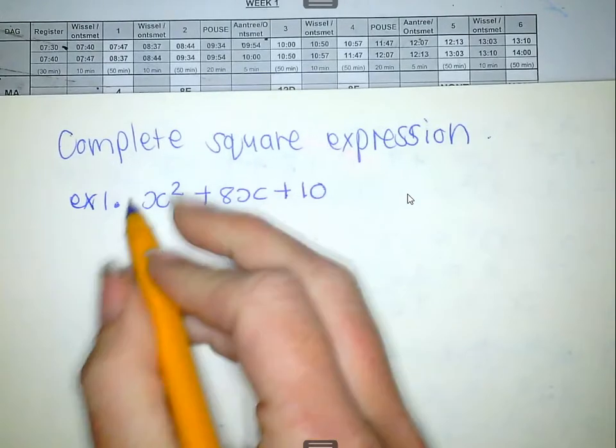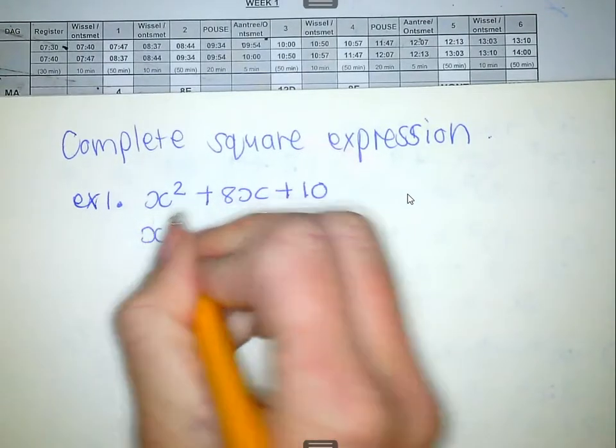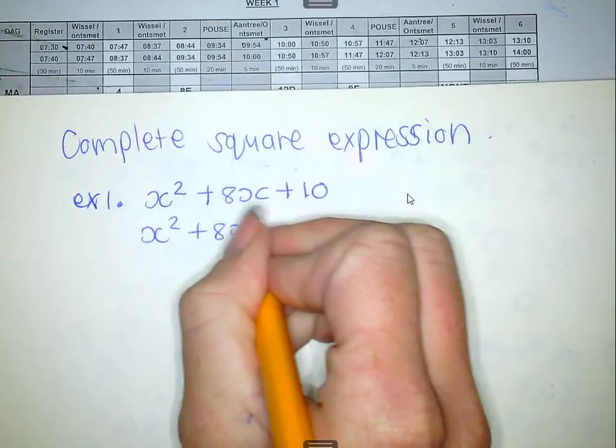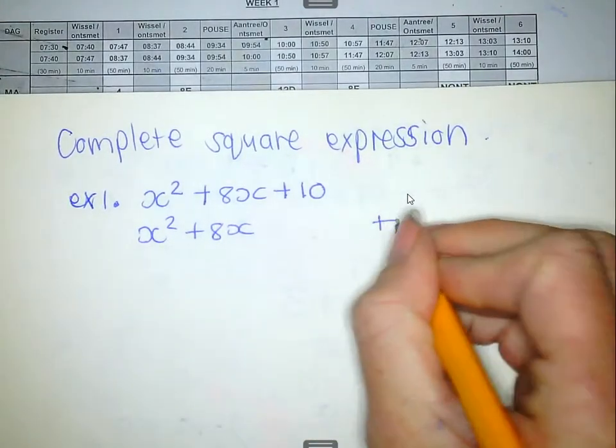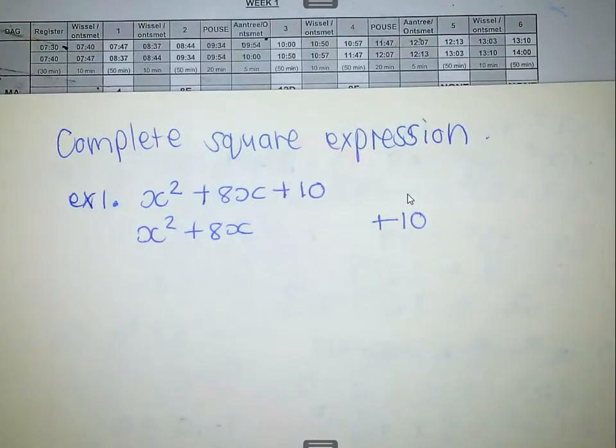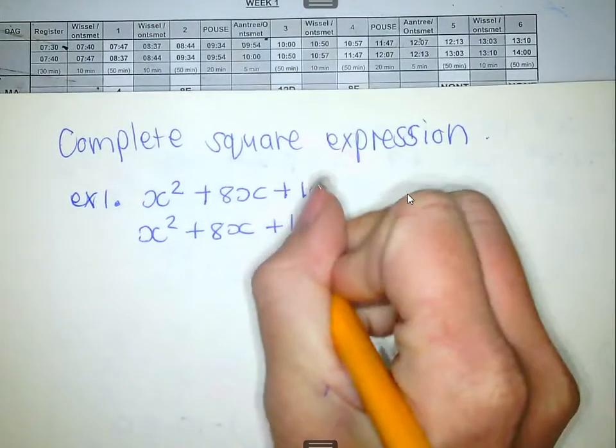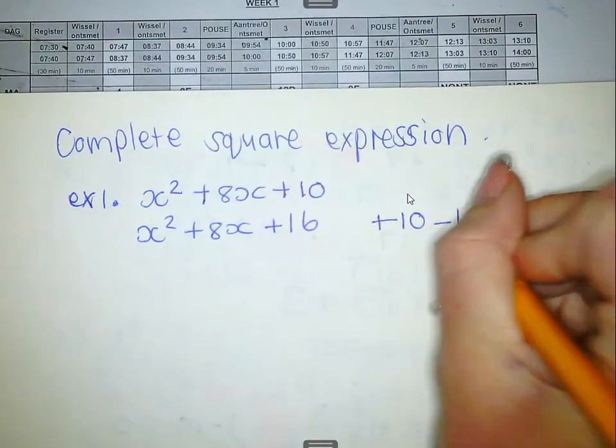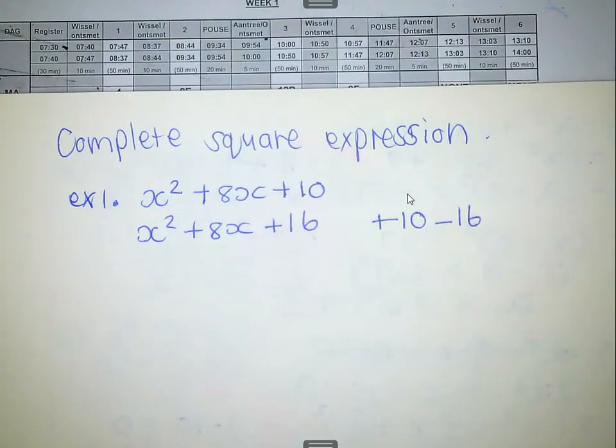We're going to say x squared plus 8x, and then plus 10 is just there by itself. No? What's the perfect number I'm looking for? Plus 16, and then I'm minus 16 as well, otherwise I change it.